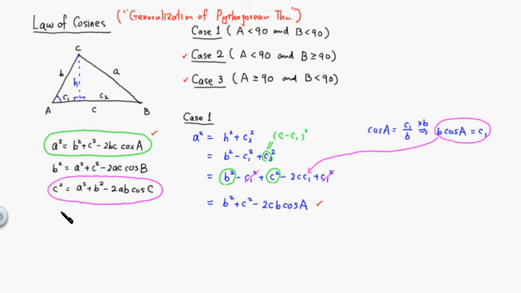What if C happens to be 90 degrees, so you have a right triangle? Then you know that the cosine of C is going to be 0, which means that this law of cosines becomes c squared is equal to a squared plus b squared, and this last term is going to be 0 because cosine of C is equal to 0. This is just the Pythagorean theorem.